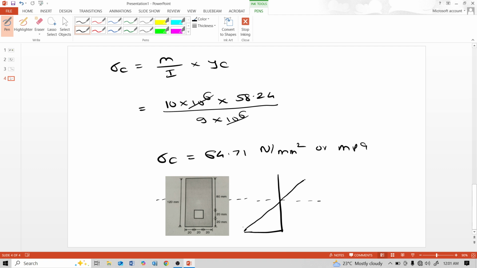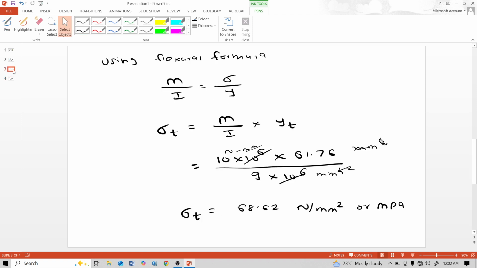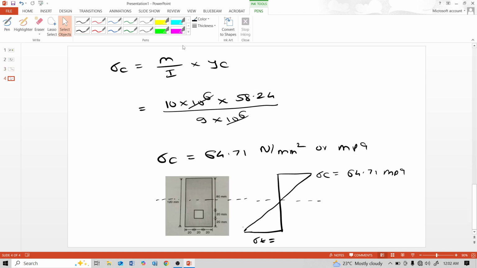Sigma c is 64.71 MPa and sigma t is 68.62 MPa. So these are the stresses. Compressive stress is minimum as compared to tensile stress for this section. Tensile stress is 68.62 MPa and compressive stress is 64.71 MPa.